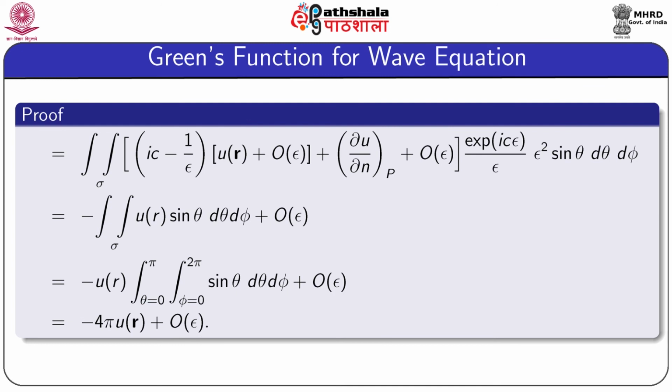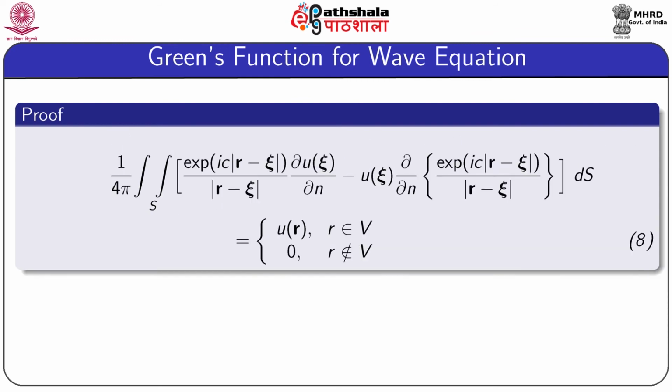So, if we equate these two terms and take epsilon tends to 0 limit, we can find the value of u at r as this, which is the famous Helmholtz equation, and if r is outside V, its value is 0. So, in this way we can prove Helmholtz theorem.